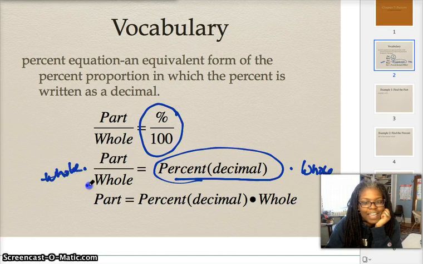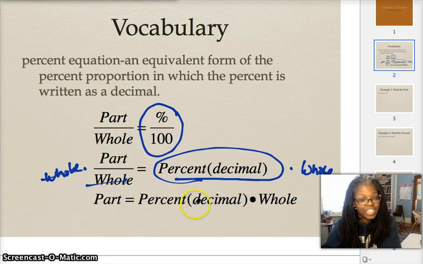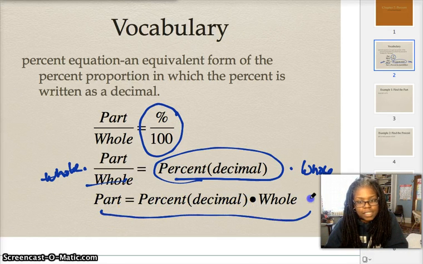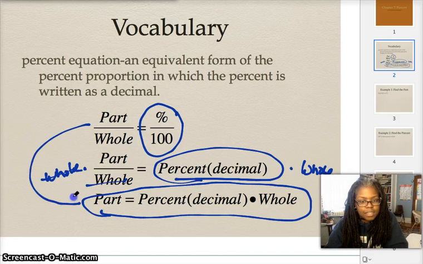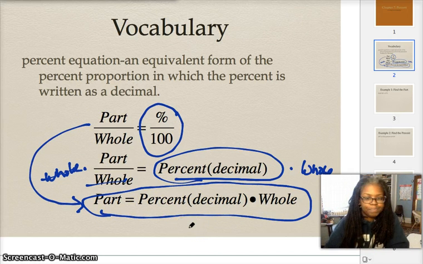And when I do that, that goes away and I'm left with the following. Part is equal to the decimal version of the percent times the whole. So this comes directly from this, and for this particular lesson, we're going to be using this concept.